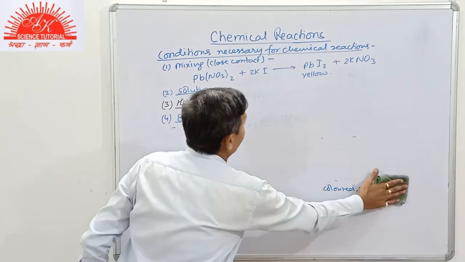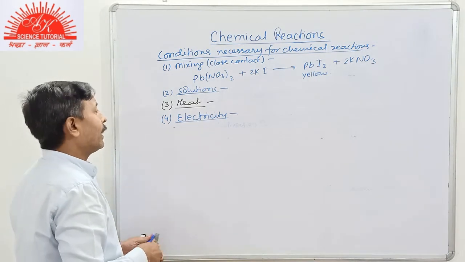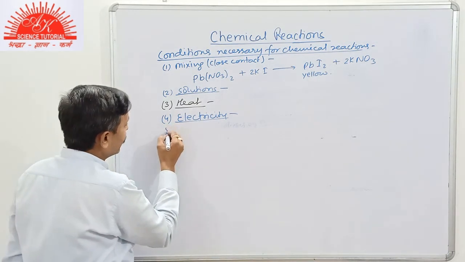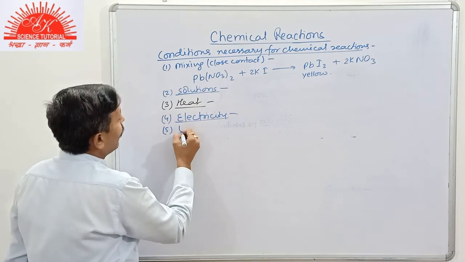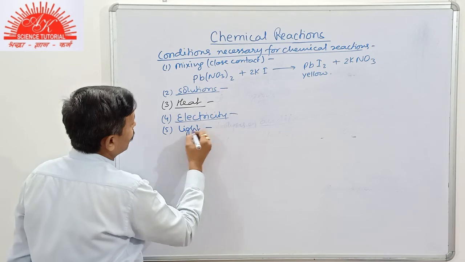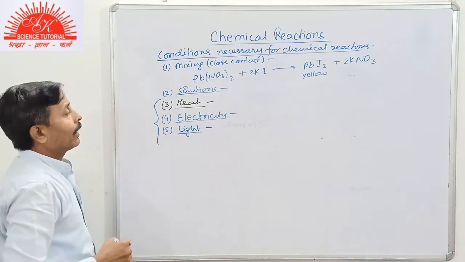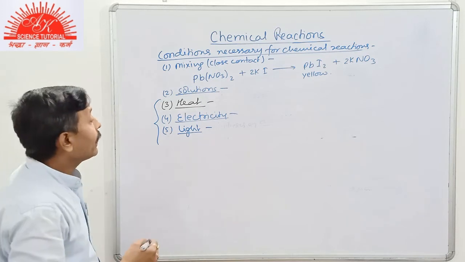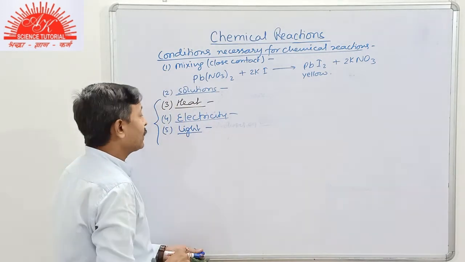Now the next condition is again according to the involvement of energy. Here there is the light energy. Again, this topic will also be studied when we study the evolution of energy and other things.